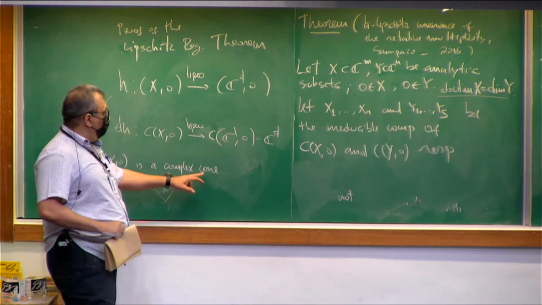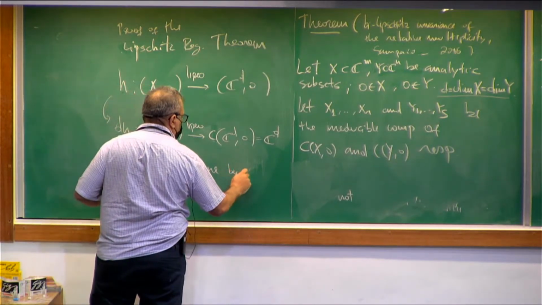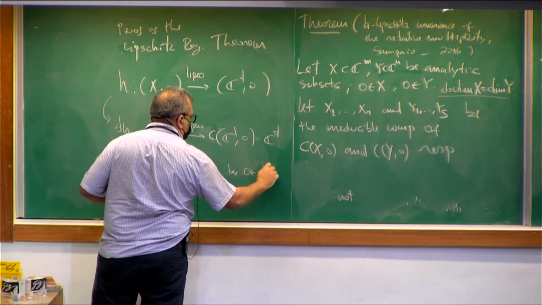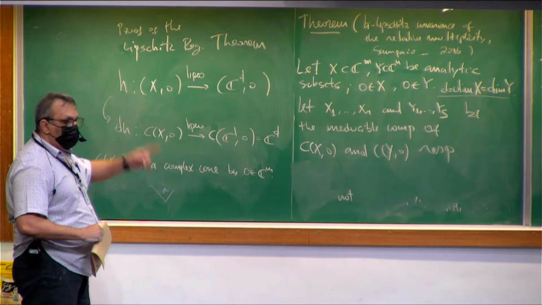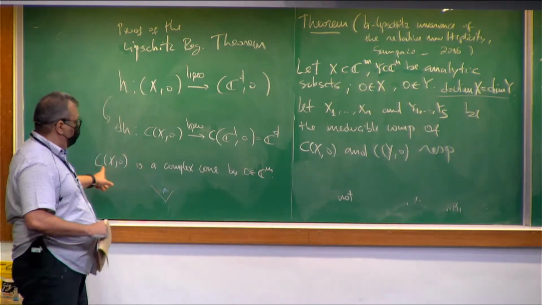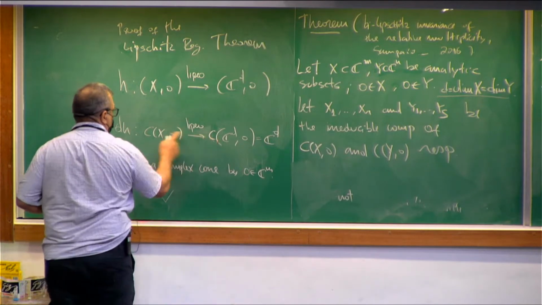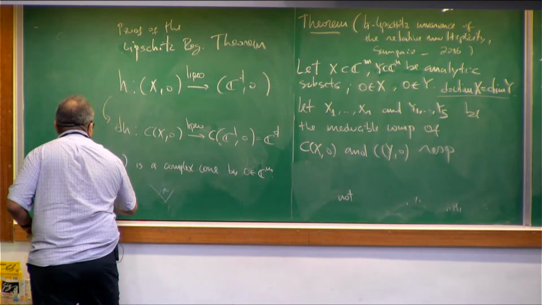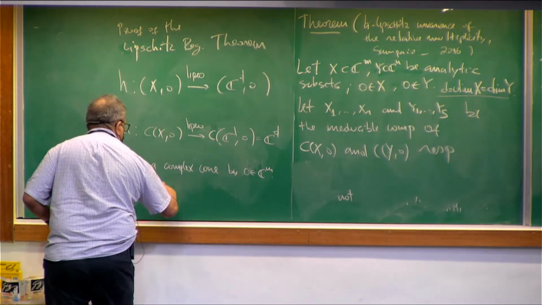It is always a complex cone, in the sense that this guy is an algebraic set, and this is a union of complex lines. This is homogeneous. It's a complex cone, and by that, this guy is a topological manifold.